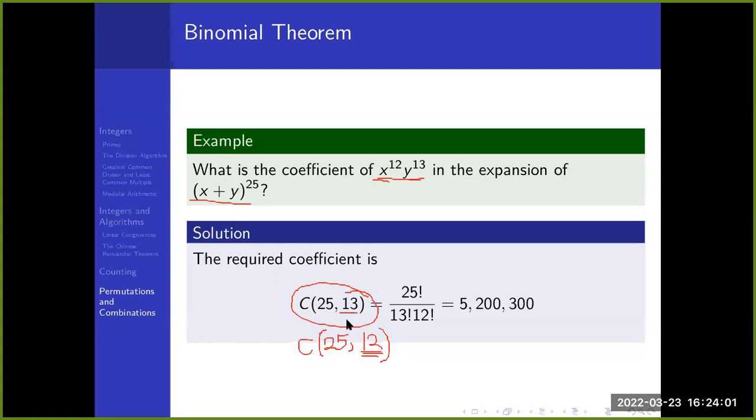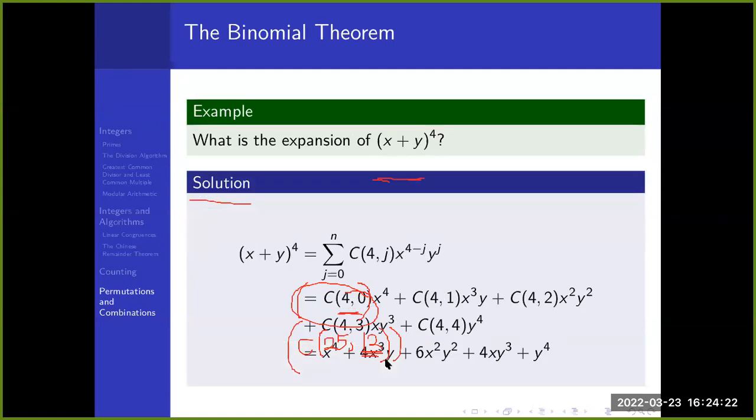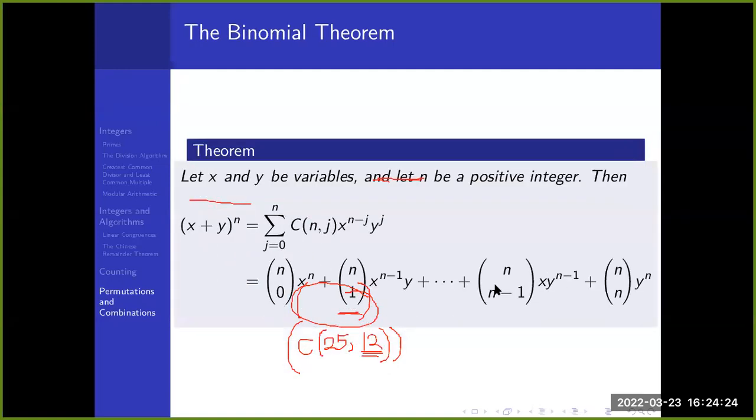Anytime you pick an x, you'll be rejecting a y. If you count the number of ways of rejecting 13 y's, it's the same as the number of ways of picking 12 x's. So these two can work. But for the purposes of standardization, we stick to this formula. But now you know why it works, and there should be no confusion.